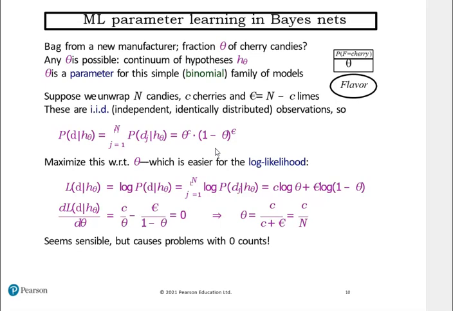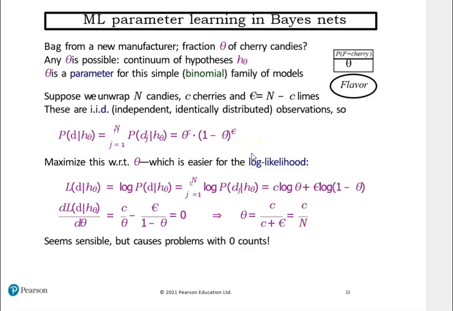So theta to the power C. So this is the probability that we observe this data, times the number of limes, which is L, (1 minus theta) to the power L. Okay, so these are all, of course, we assume here, independent, identically distributed observations. So when you pick one candy, it does not impact the probability that you pick the next candy and so on.